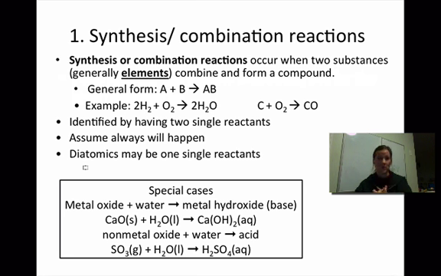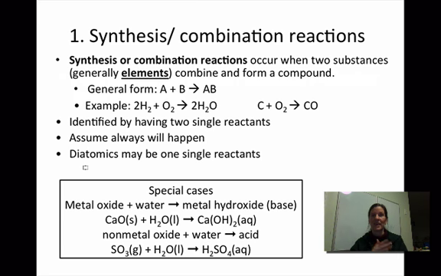And one of those special cases is when you have a metal oxide. So that means you have a metal with an oxygen attached to it. And the chemical formula there will be whatever formula you need to generate based on the charges. And when that metal oxide reacts with water, the synthesis is that you add that water onto the metal oxide.